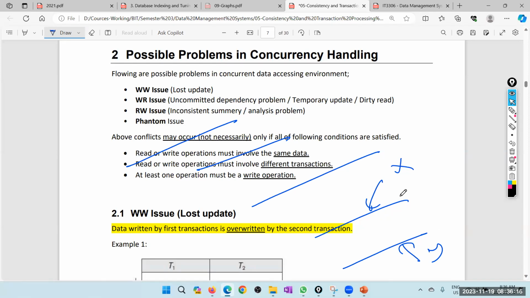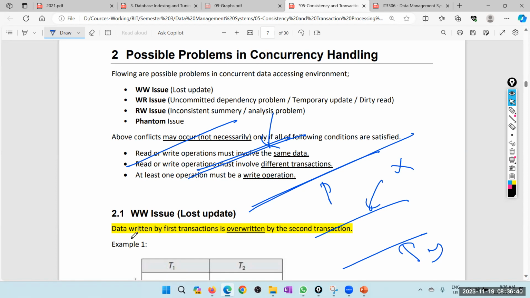Those are not issues for us. It's like you withdraw money from your account, I withdraw money from my account. Those are not challenging things for a database. But two transactions involving the same data, those are the possible concurrency issues.